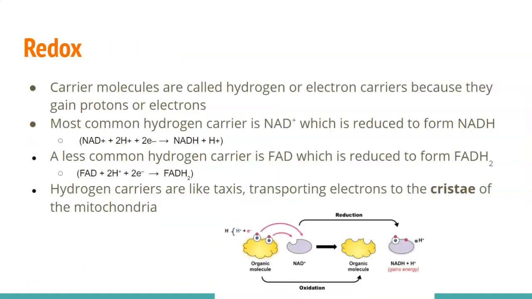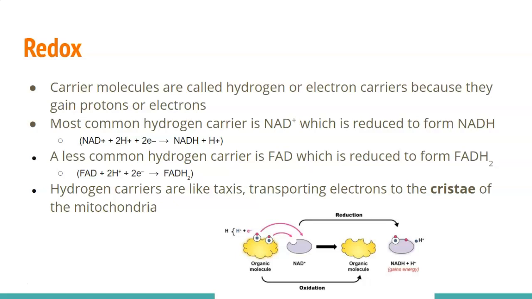Okay, so moving a little bit further into redox reactions, I talked a little bit about how carrier molecules gain protons or electrons, and then they can take them and transport them to be used further down the line. Well, in cellular respiration, we're going to just talk about NAD plus and FAD, which are two hydrogen carriers, electron carriers, however you want to call them, that are really common in cellular respiration. Most common is NAD plus, but we're going to talk about both.